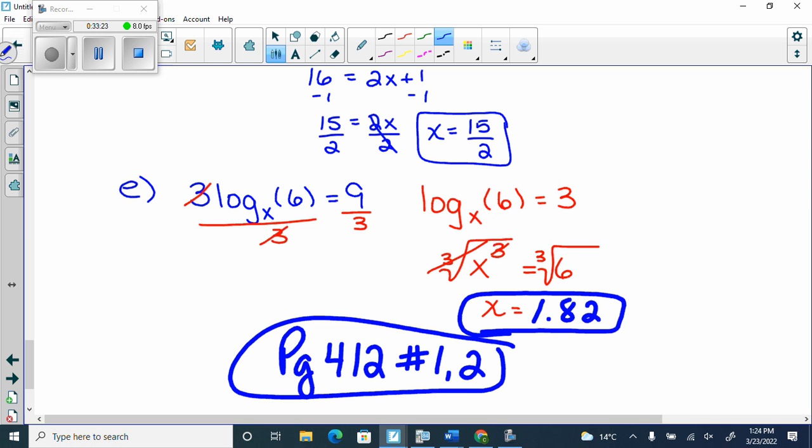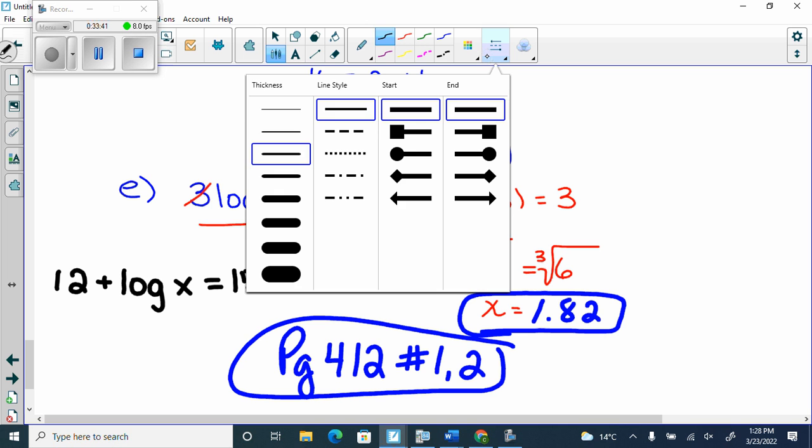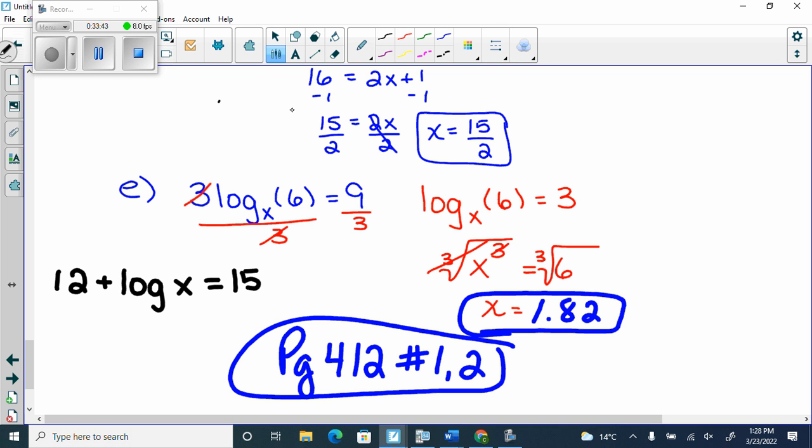It's too much. If you have something like, the first one I think is 12 plus log x equals, was it 15? Yeah. So when the log doesn't have a base, every single time there's no base, write 10.